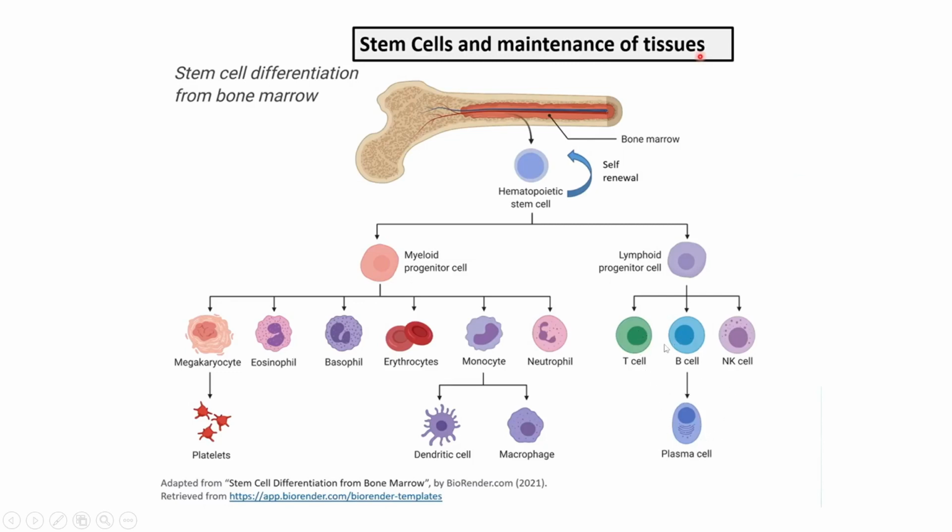So from a single hematopoietic stem cell, all these progenitors and all these cells are produced, which help in the immune process as well as normal blood circulation, such as RBCs, erythrocytes, as well as platelets, which are used during blood clotting, as well as other immune cells.